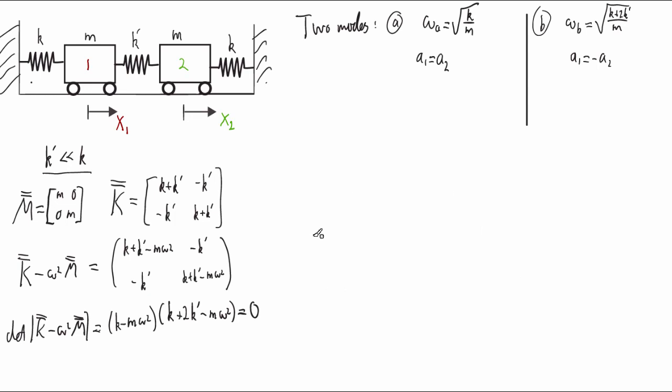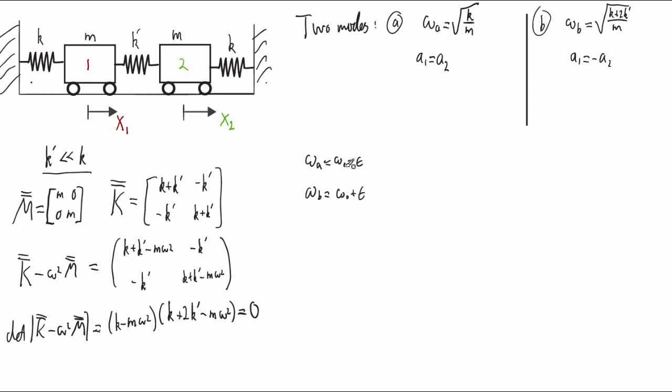And what I'm going to do now is introduce two other frequencies. I'm going to say that omega A is actually equal to omega 0 minus epsilon, and omega B equals omega 0 plus epsilon.